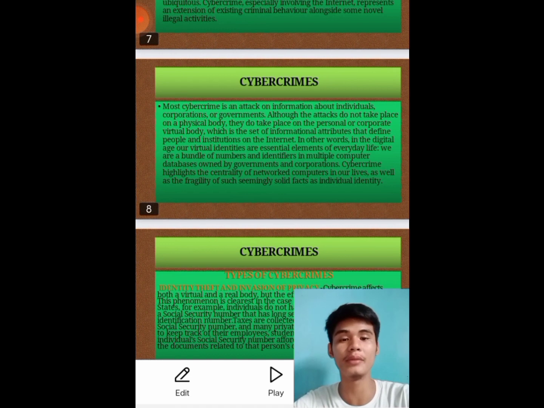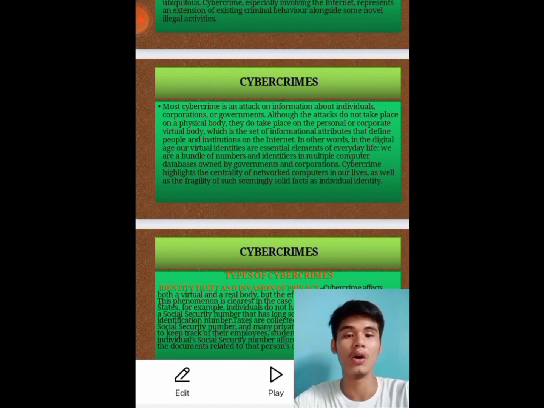Most cybercrime is an attack on information about individuals, corporations, or governments. Although the attacks do not take place on a physical body, they do take place on the personal or corporate virtual body, which is the set of information attributes that define people and institutions on the internet. In other words, in the digital age, our virtual identities are essential elements of everyday life.